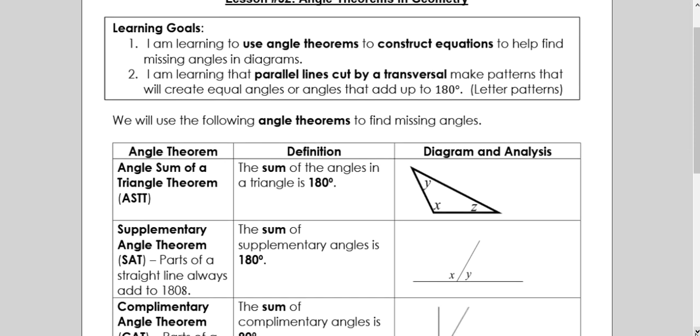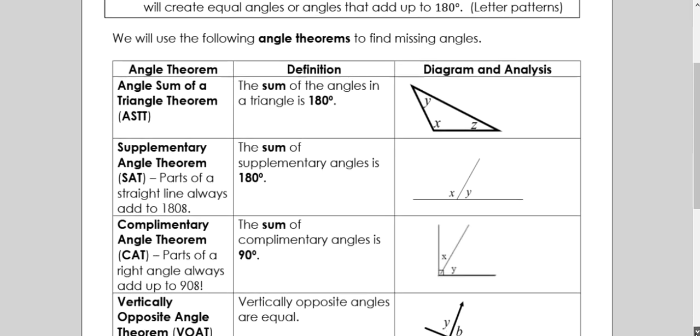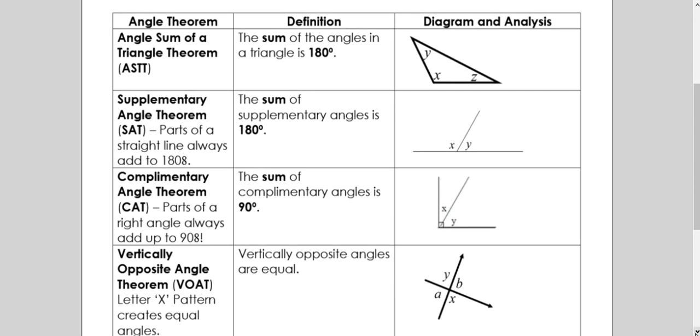All right, so here are some theorems that we've learned maybe in the last couple of days. So we know that the angles inside of a triangle add up to 180. So we know in our minds that these add up to 180. So x plus y plus z is 180.